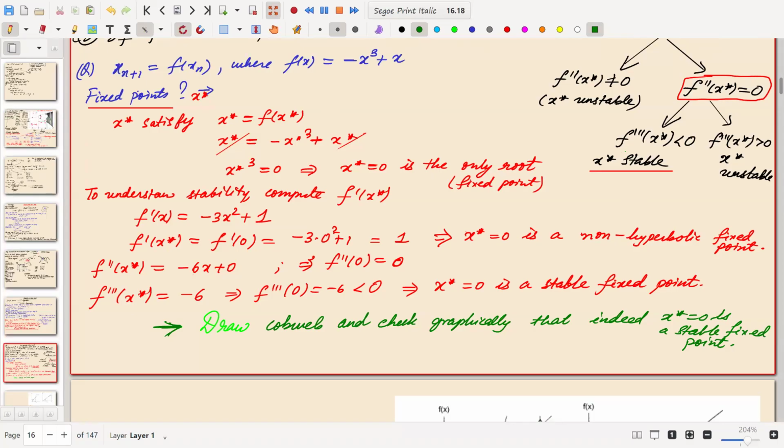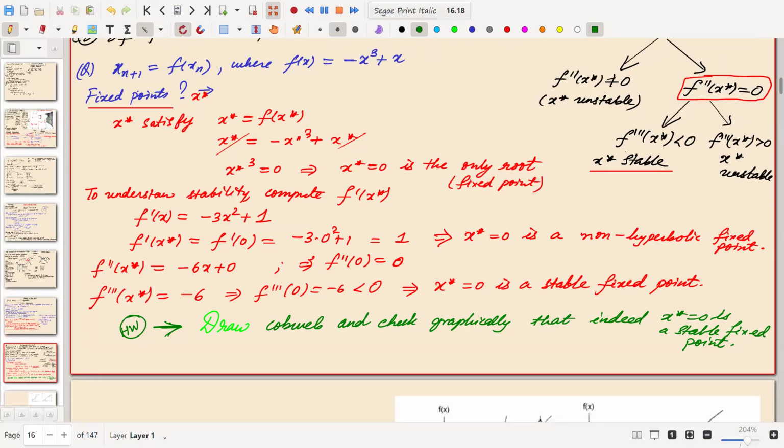Agree? So this is your assignment for next class. Everyone should show me the cobweb of this plot. Okay? Fine.